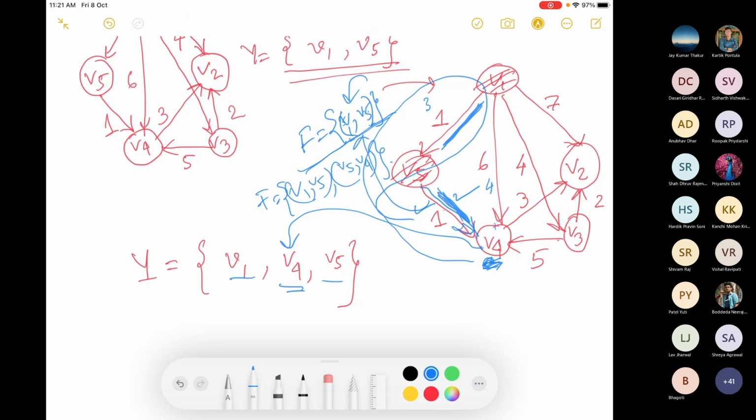So V4 is selected because it is the shortest path from V1 using only the vertices in the set V1, V5, but V1 cannot be used. Only V5 will be the intermediate vertex. Okay, V5 is the intermediate vertex. So using V5 as the intermediate vertex, what other vertices can you include which builds a shortest path?